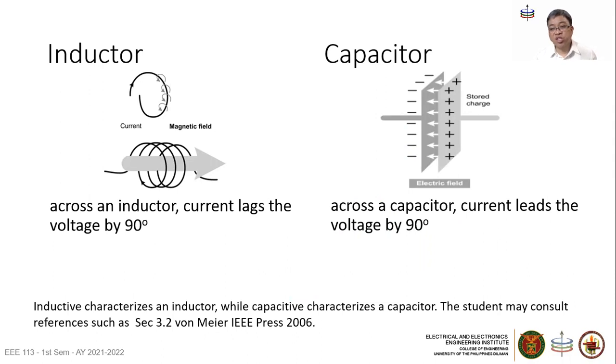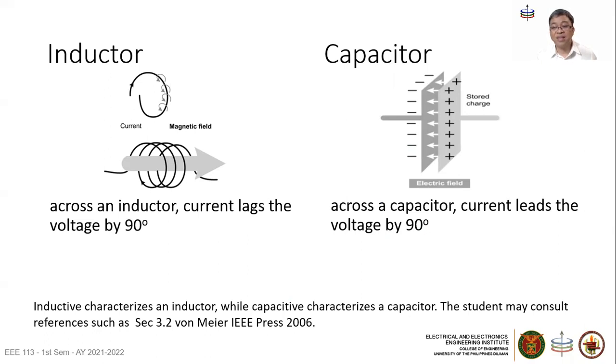We can't cover much detail for inductance and capacitance right now, but here are just simple descriptions. Inductance is exhibited by devices when current flows through a wire, and a magnetic field is set up around the wire.